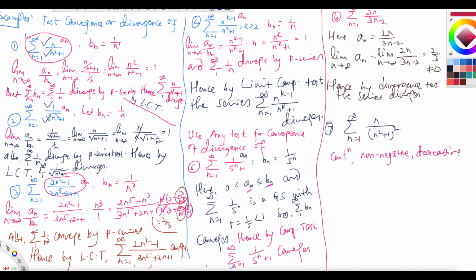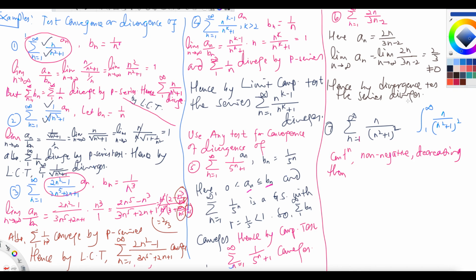I think we have done this example in the last video. Since this is the case, this series and this integral from 1 through infinity of n over n square plus 1 square converge or diverge together.